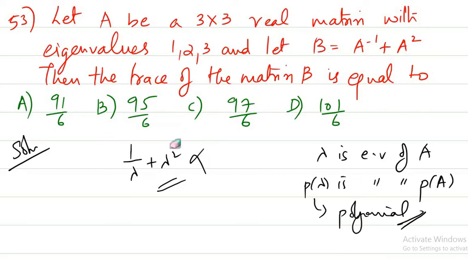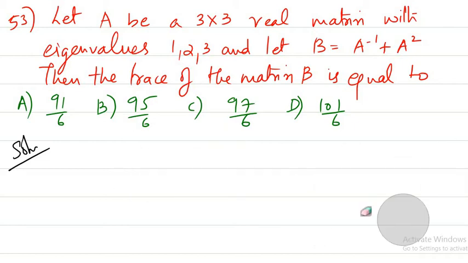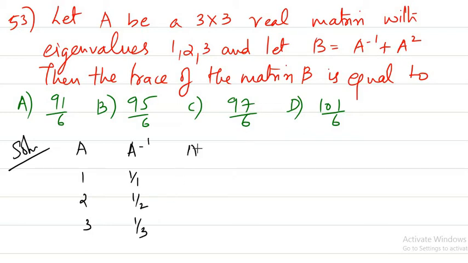In this problem we are given the eigenvalues of A as 1, 2 and 3. So what are the eigenvalues of A inverse? It is 1 by lambda: 1 by 1, 1 by 2, 1 by 3. What are the eigenvalues of A square? Lambda square: 1 square, 2 square, 3 square, so 1, 4 and 9.